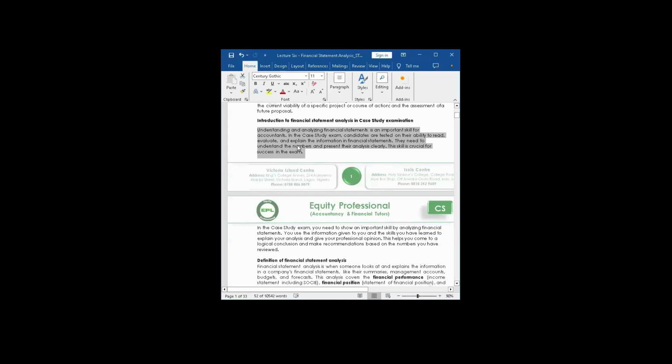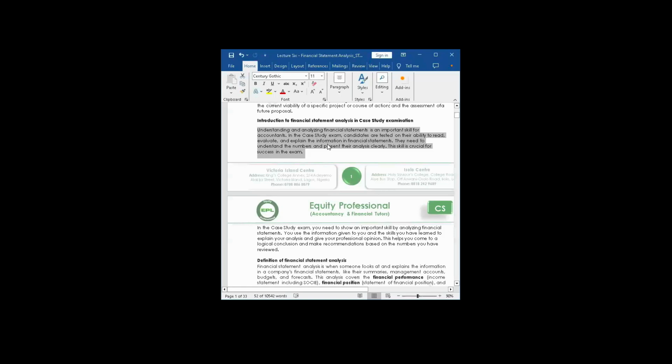So ICAN wants to test your ability. They want to ensure that you are getting ready to become a qualified chartered accountant, right? That everybody will be looking up to when it comes to financial information about a company. You must be able to pick any financial statement and interpret it, thereby making sense out of the summarized information on the financial statement.